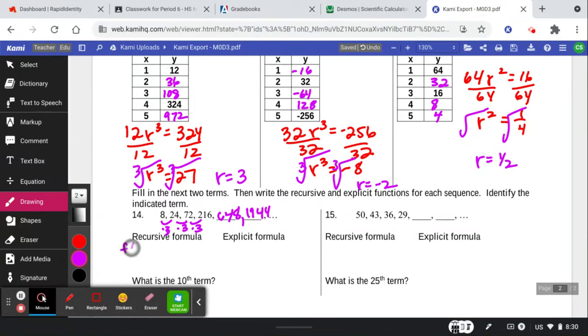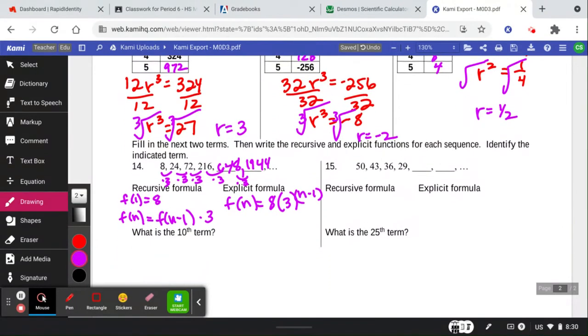Recursive goes f of 1 equals 8. F of n equals f of n minus 1 times 3. And then f of n begins with 8 multiplying by 3 each time to the power of n minus 1. And here it's asking for the 10th term.